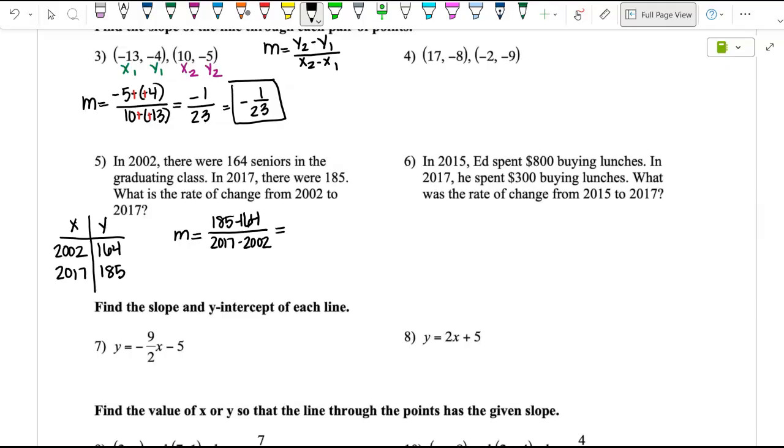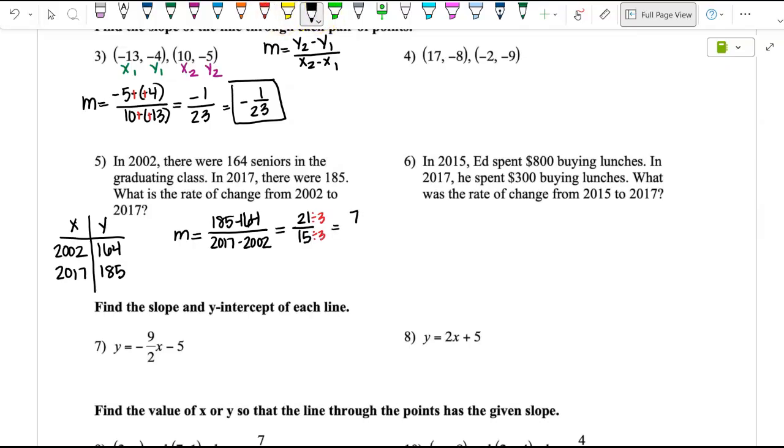What is 185 minus 164? 21, and 2017 minus 2002 is 15. Now 21 and 15 are both divisible by 3.